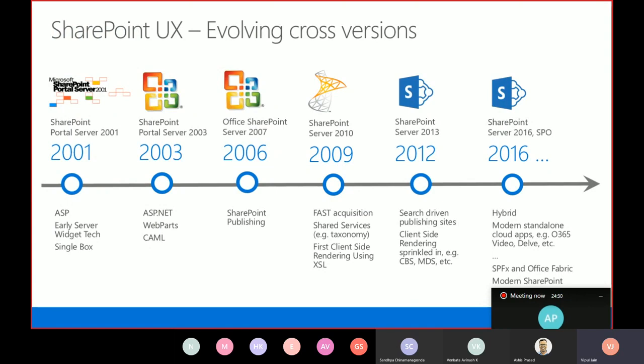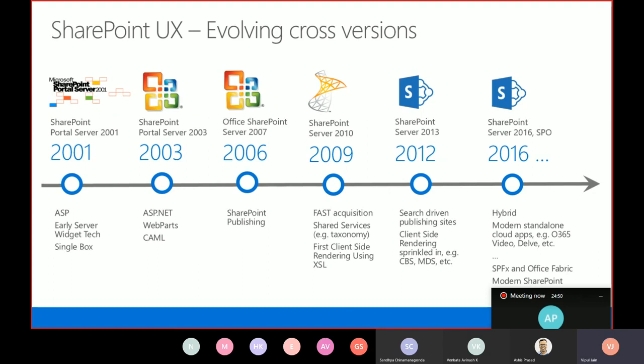Cool. So this is a brief SharePoint history. It started in 2001 with the code name Tahoe, where it was completely ASP-based. Then it moved to 2003, where the complete development was on ASP.NET and CAML queries, and web parts came into the picture. Then Microsoft launched MOSS 2007, where there were shared services and publishing features were introduced.